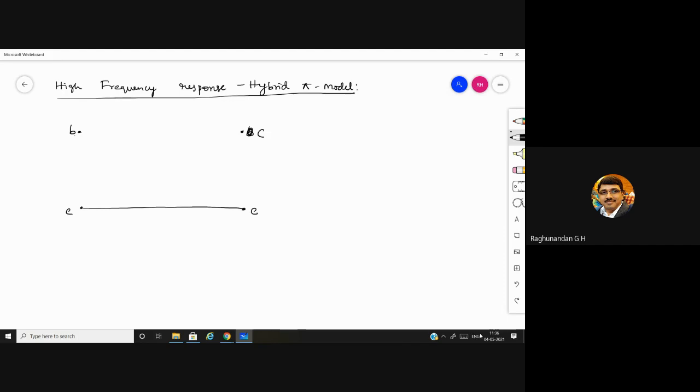Now we are considering the common emitter configuration: base, emitter, collector we are having.